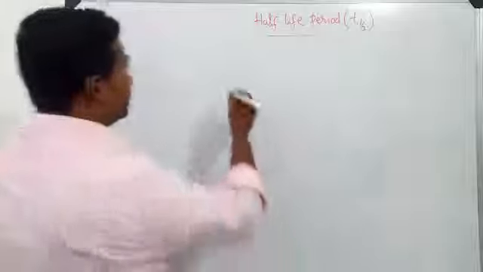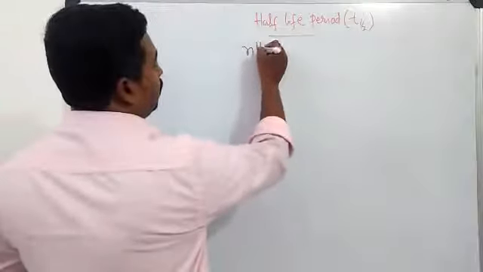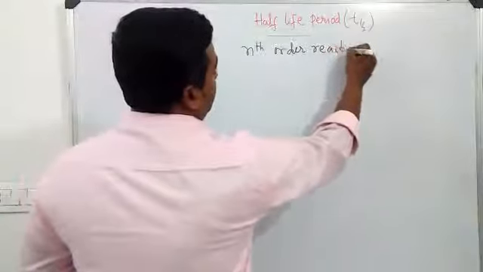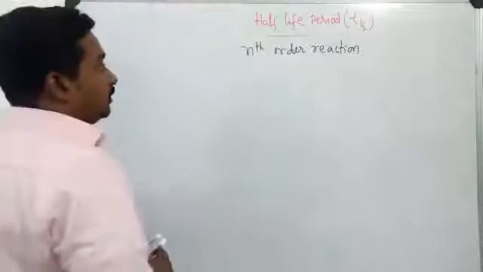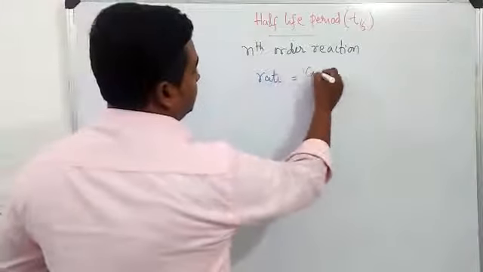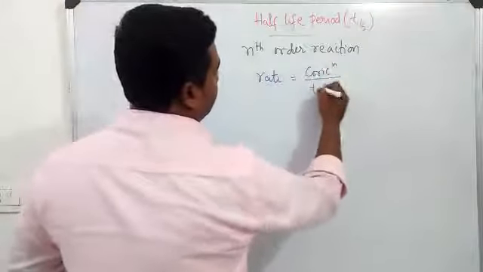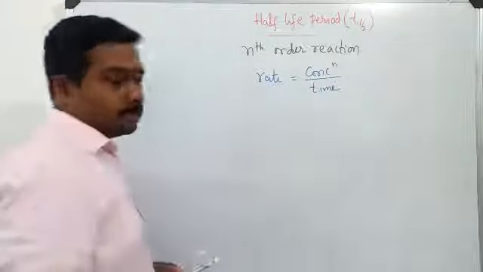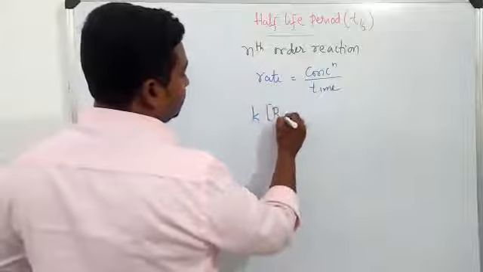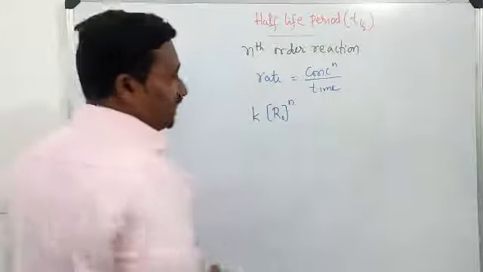I will consider in general an nth order reaction. For an nth order reaction, rate is given as change in concentration by time. Also, rate is written as constant into concentration of reactant power n.